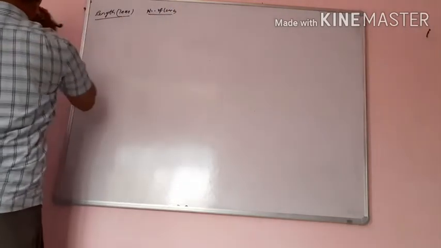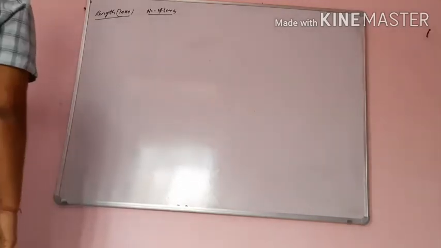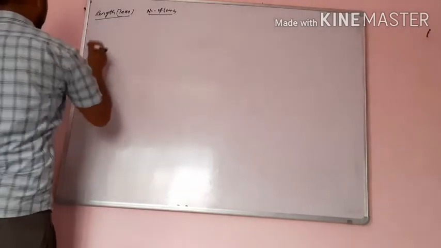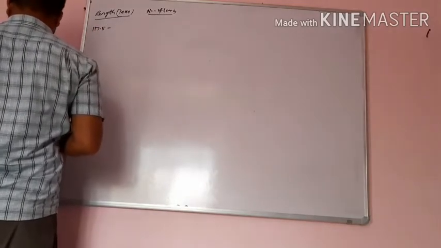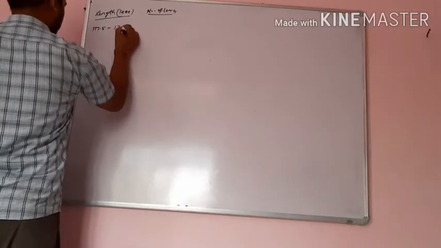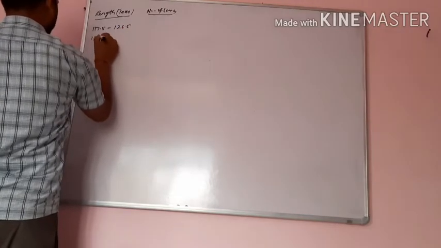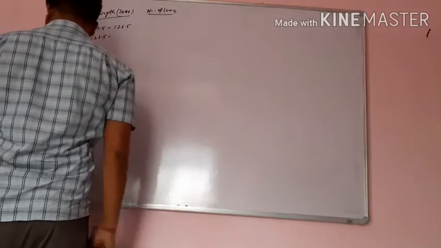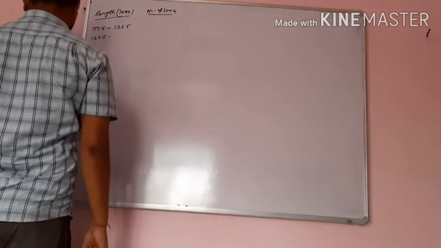So making it continuous, the first is 118, so we will subtract 0.5 and it will be 117.5, and we will add 0.5 to 126. In the upper limit we add and in the lower limit we subtract. 127 minus 0.5 will be 126.5.